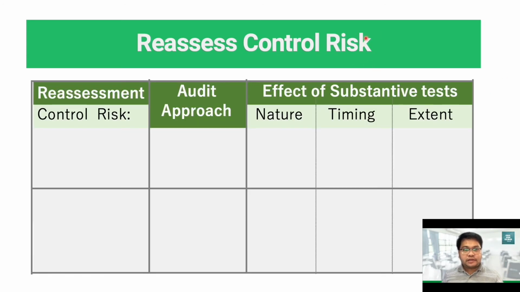That is why in the next step, we need to reassess the control risk to see if we can still support our preliminary assessment. For example, based on the outcome of the test of control, our assessment of control risk remains at less than high, meaning to say that the controls are operating effectively.